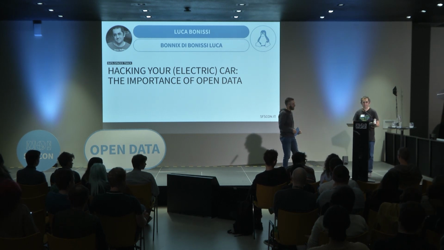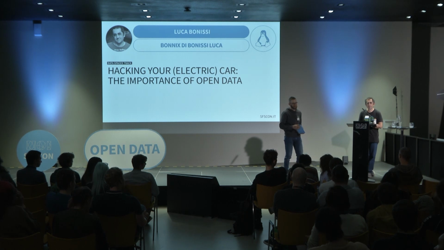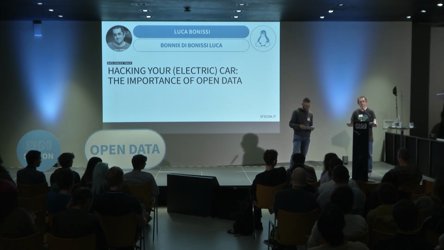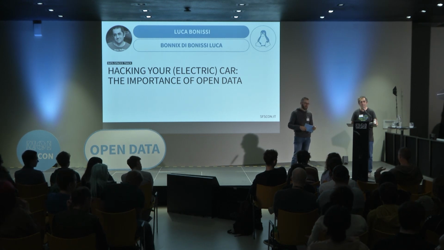Do you know about the DDT4All project? Because I've been hacking my car with that. It's written in Python, and it runs on Linux or Windows and so on. I own a Renault Zoe for 7 years now, and I was able to hack it because my version is the very basic one, the Life.